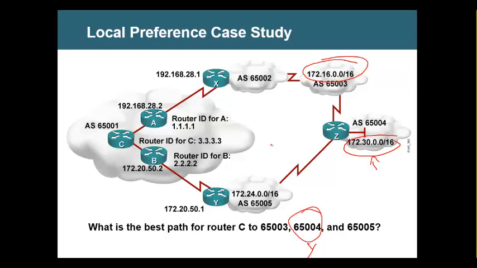Please answer. To reach this destination, should I go through X or Y? If I go via X, it is 1, 2 hops. If I go via Y, it is 1, 2, 3 hops. So what is the recommended path? Should I go via X or Y? X. Okay.